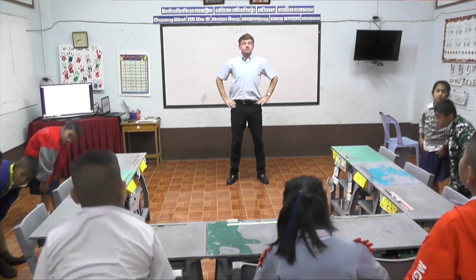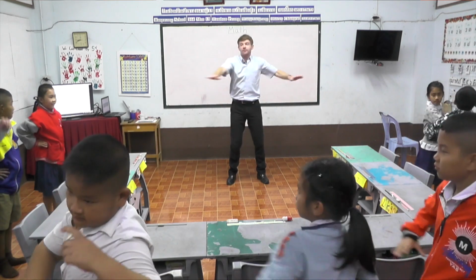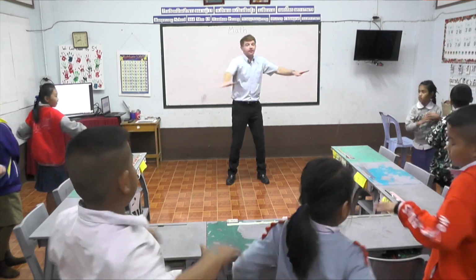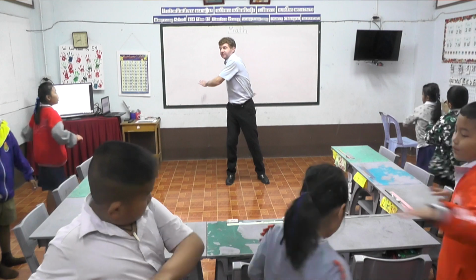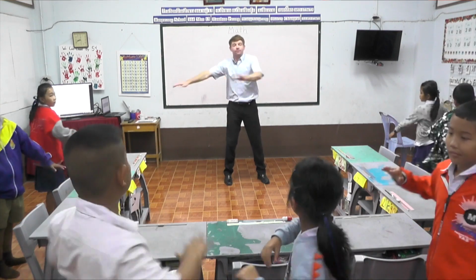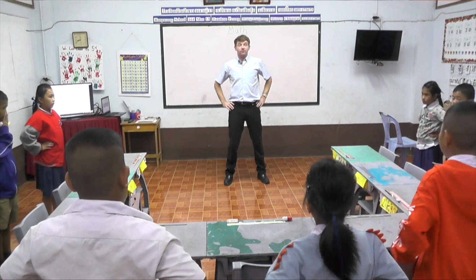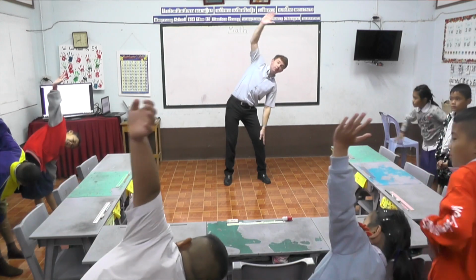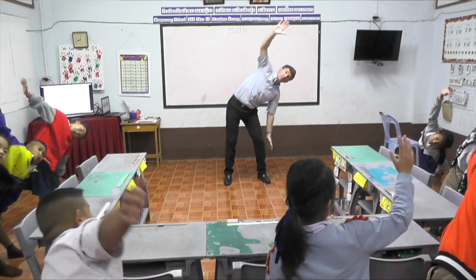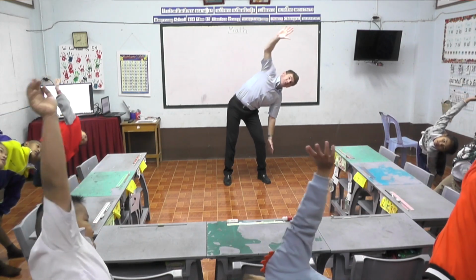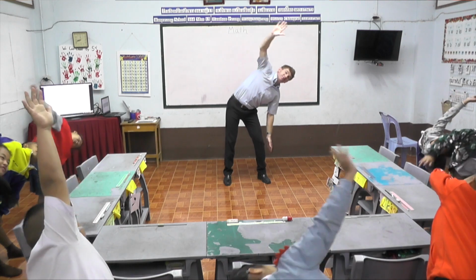Hands on hips. And we'll go left, right, left, right. Left, right, left, right, and stop. And next we'll do our stretch. So let's do 5 to the left. 1, 2, 3, 4, 5.